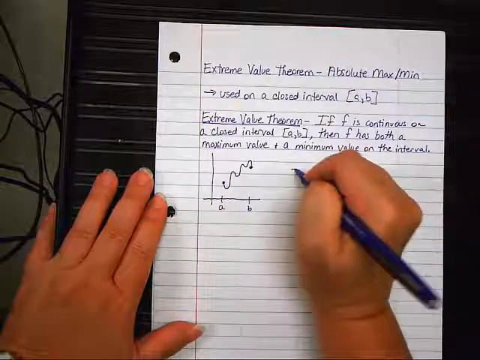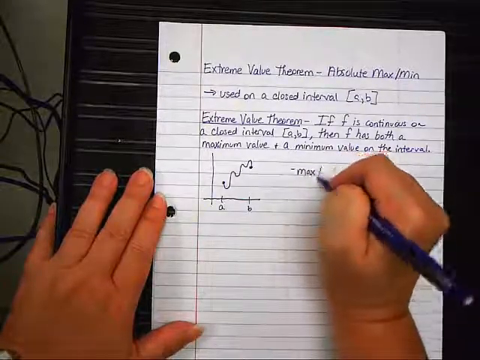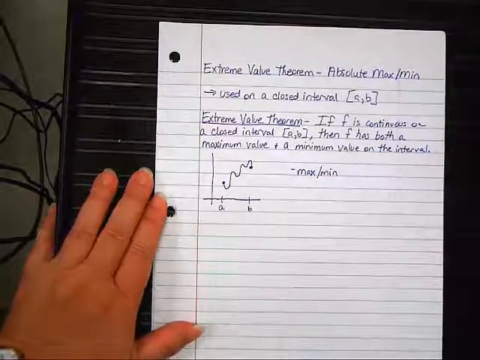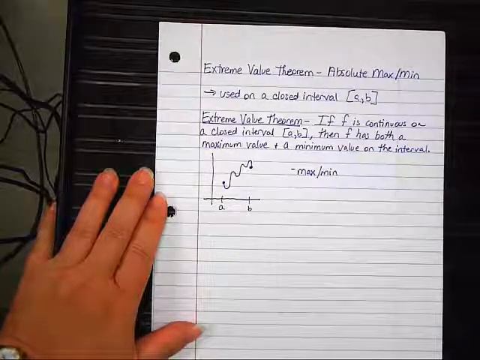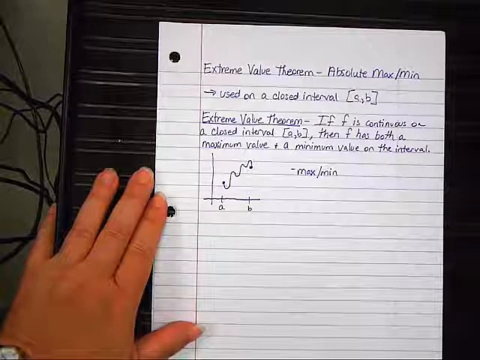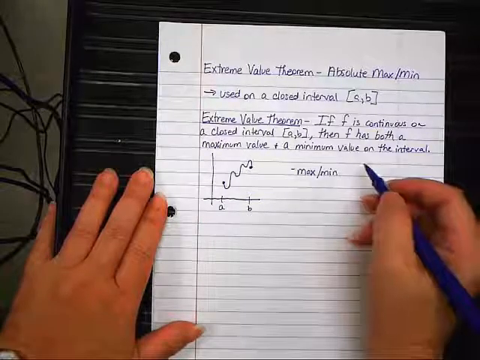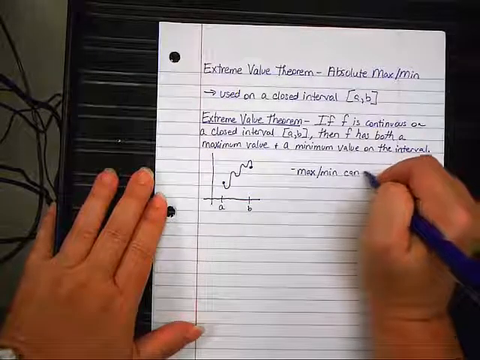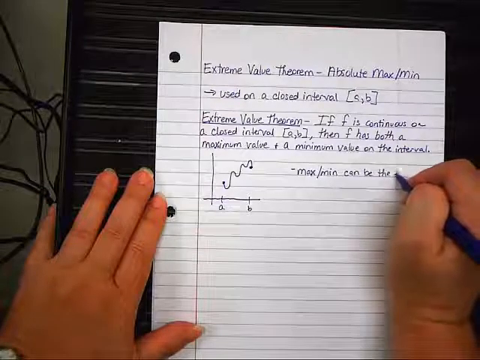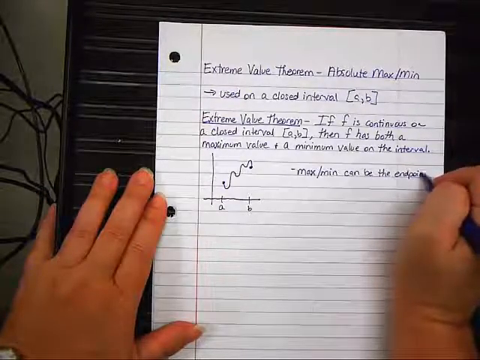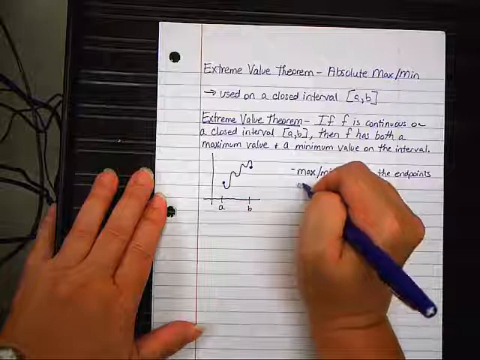So, before I write the rest of this, are any of your high or low points the endpoints? Did that happen to anybody? So that can happen as well. The max or min can be the endpoints or in the interior.